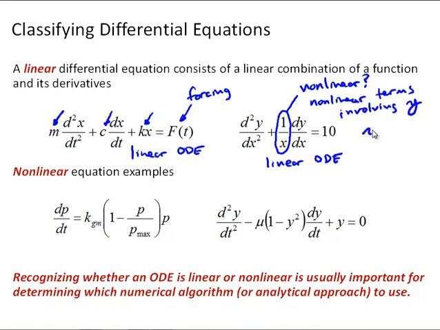So we would be looking for something like a y squared, or a 1 over y, or a dy dx squared. Something like that would tell us the equation is nonlinear. So the 1 over x does not make this a nonlinear function.